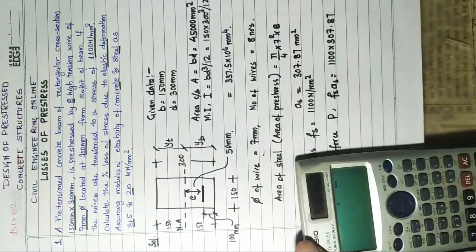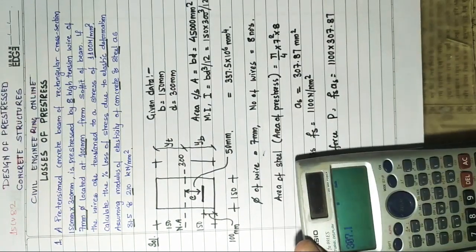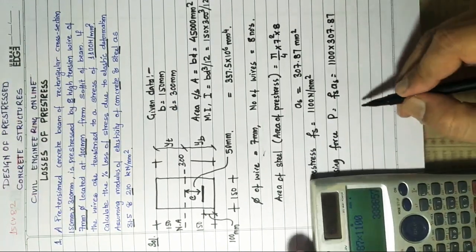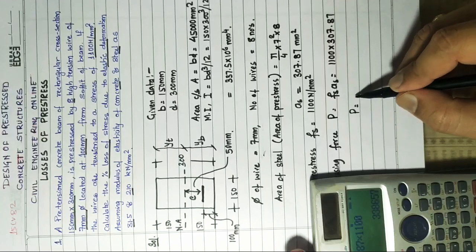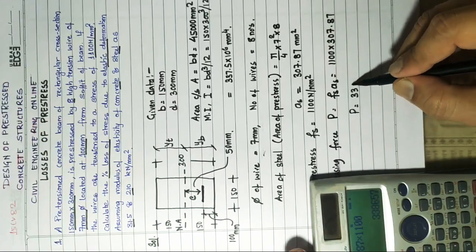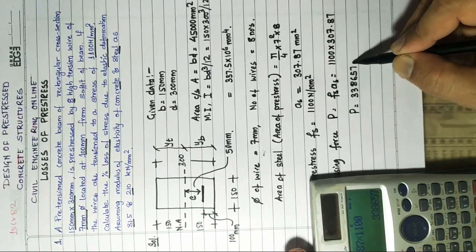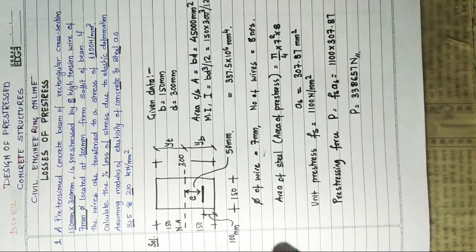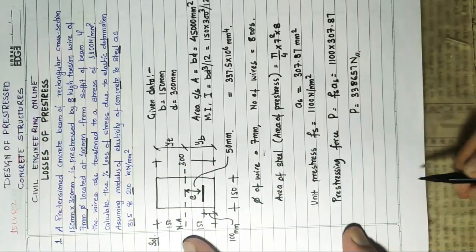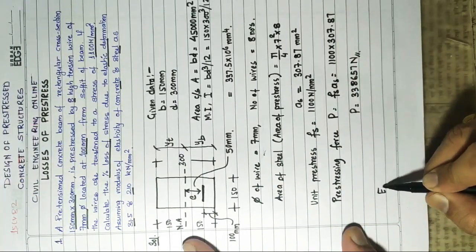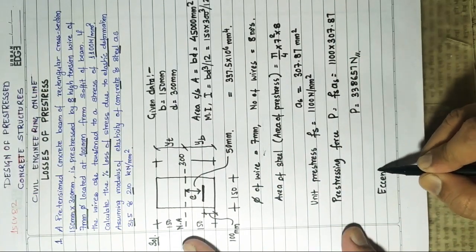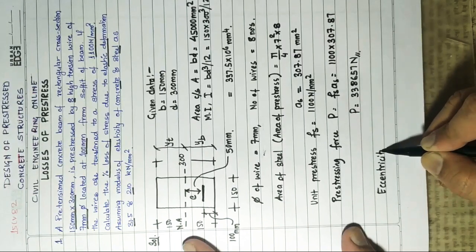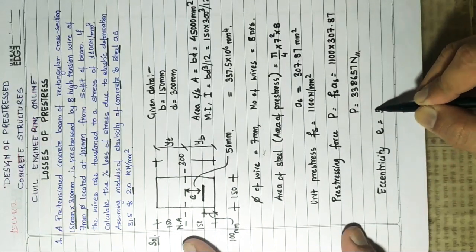When we do this calculation, we get the value of pre-stressing force as 338,657 newtons. So this value is in newtons. And from the figure we have the value of eccentricity e equal to 50 mm.